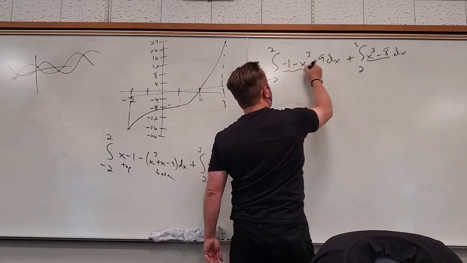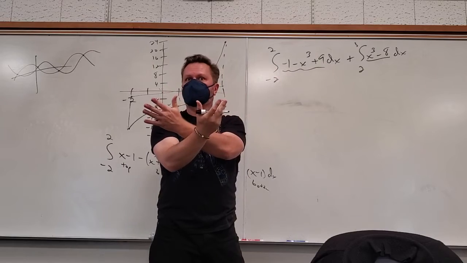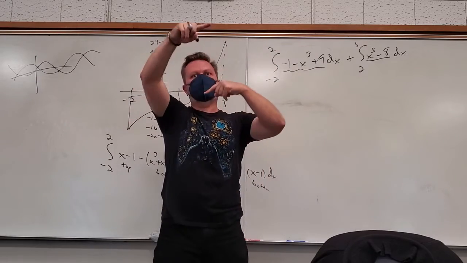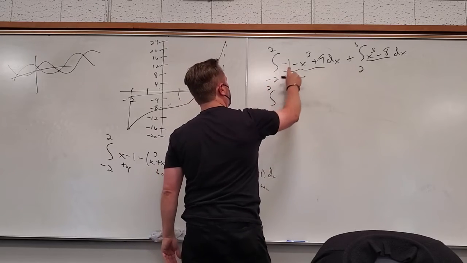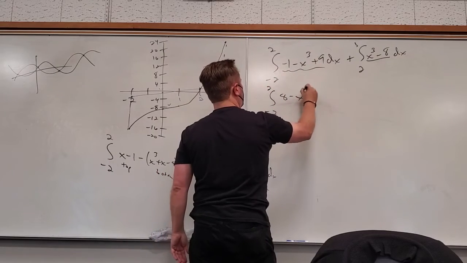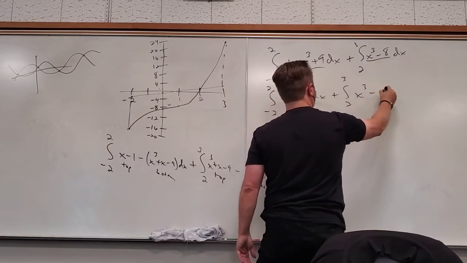These are going to end up being flipped, which makes sense because we end up having to flip which one's on top, which one's bottom. So that's 8 minus x cubed, x cubed minus 8.